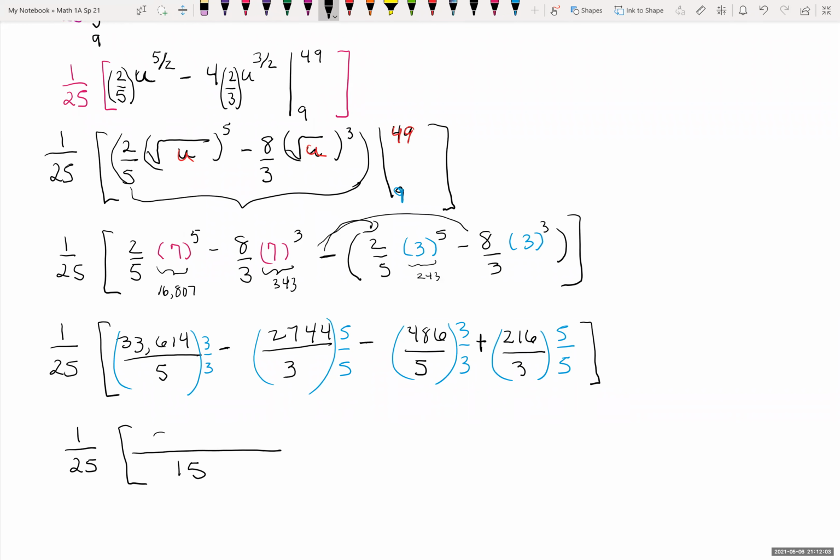So when you multiply that all out and sum or subtract, you get 86,744. And so this is really 86,744 all over 25 times 15, which is 375.